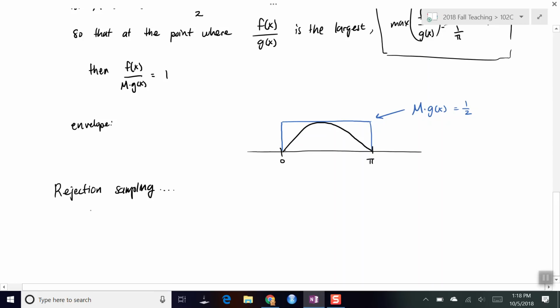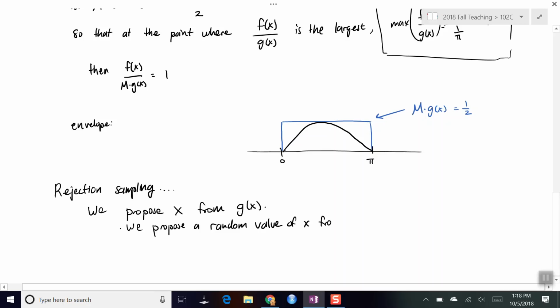Okay, so we propose x from g of x. In this case, we propose a random value of x from uniform 0 to pi.